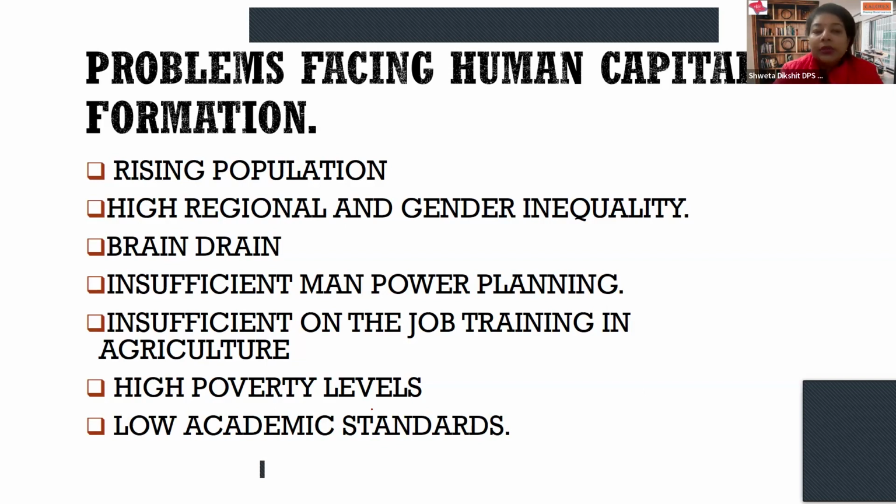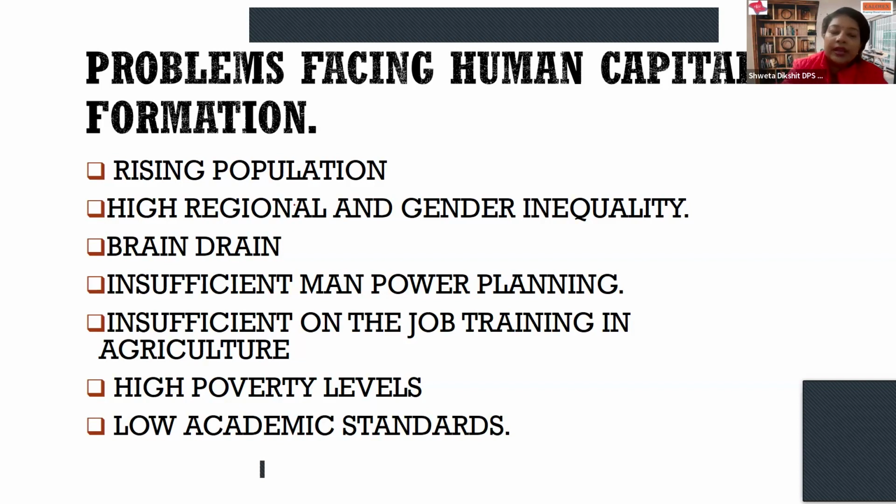Children, I must tell you that the human development index indicates that India still lies at 130. The indication is all because of the low-performing human capital and the demographic indicators. So today we'll talk about the problems being faced during the process of human capital formation in India as well.